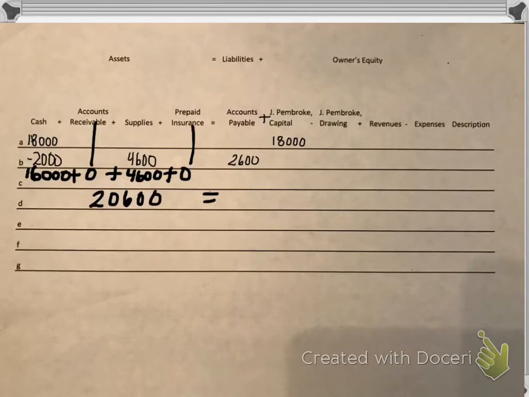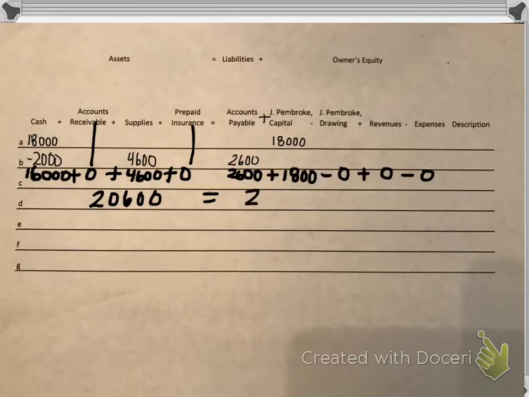We've got 2,600, I'm sorry, plus, so there's the plus sign, plus 18,000 minus, see the minus sign, minus 0, drawing a 0, plus the revenues are 0, minus 0 for expenses. So basically what we have here is 2,600 plus 18,000.